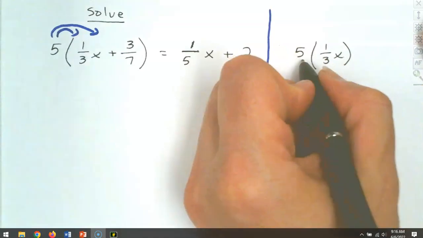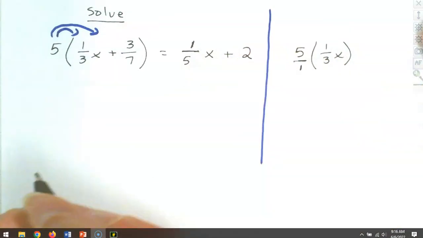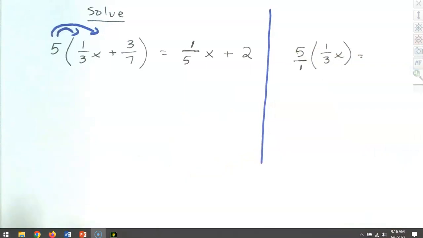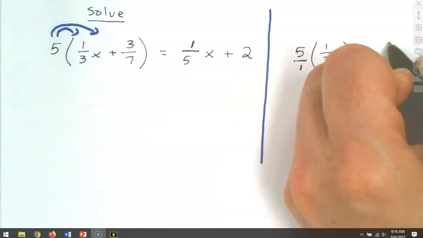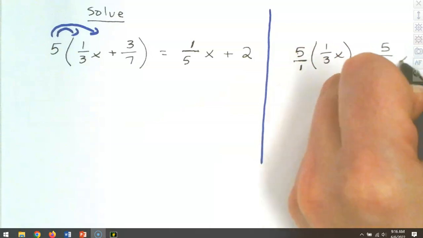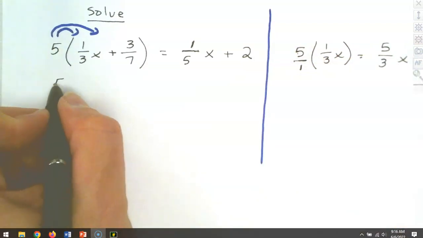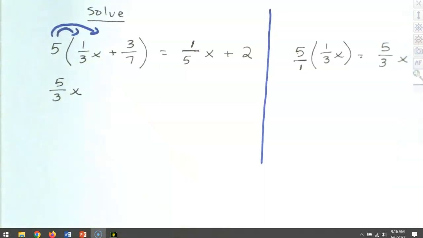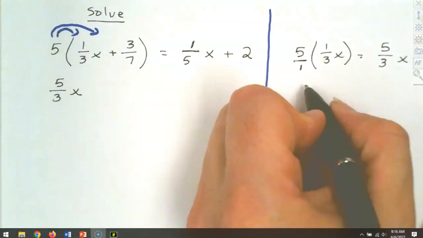And if it helps, you can write that 5 as a 5 over 1. The 5 and the 3 can't cancel, so if I multiply across, what do I get? I get 5/3 x there. So that's going to be my first piece, 5/3 x.